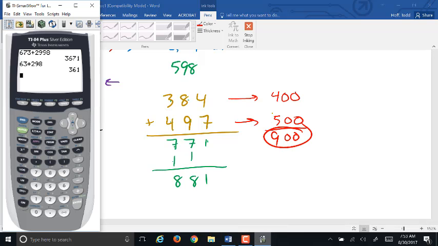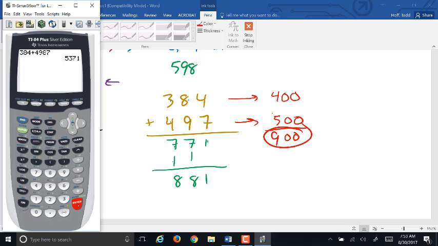The reason I say that is it happens to me all the time. I've got these fat sausage-like fingers. It's not uncommon for me to take something like 384 plus 497, and the calculator spits out 5,271. If I'm not paying attention, I write that answer down, I go on, because the calculator's always right.